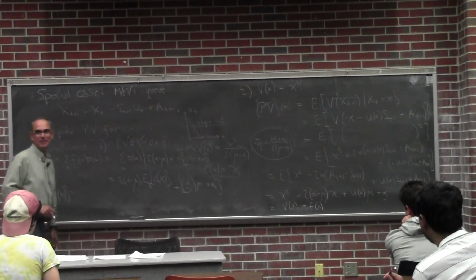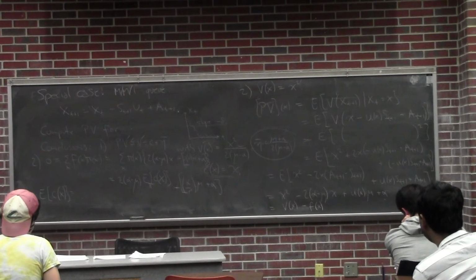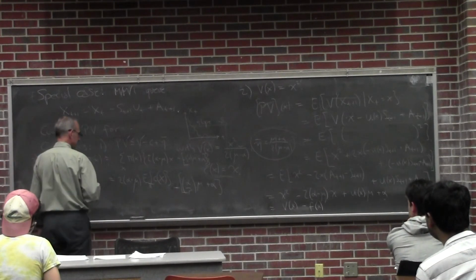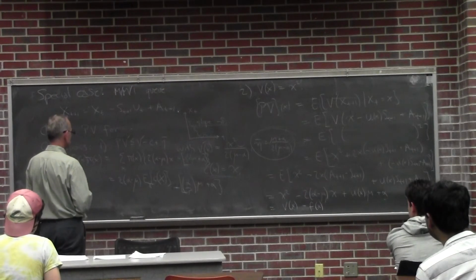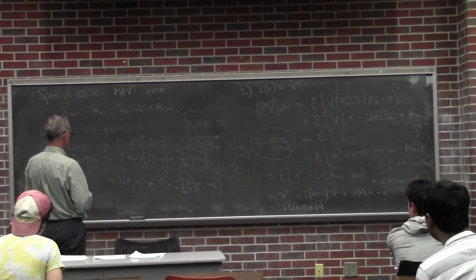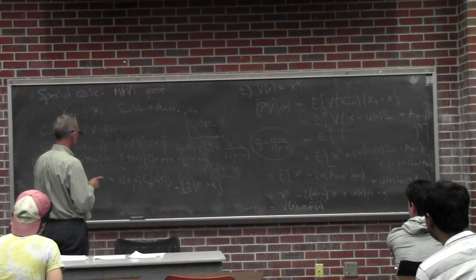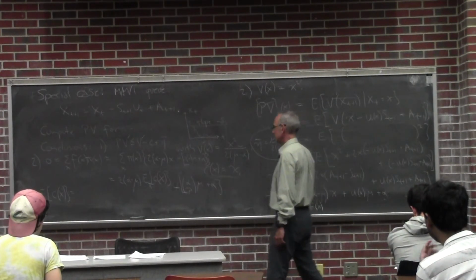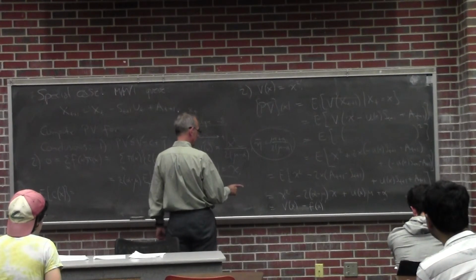I flip the sign. And what do you get? You get alpha over mu minus alpha. Unless I made another sign error. Negative. There's a sign error somewhere. Oh, that should be plus. That should be flipped.